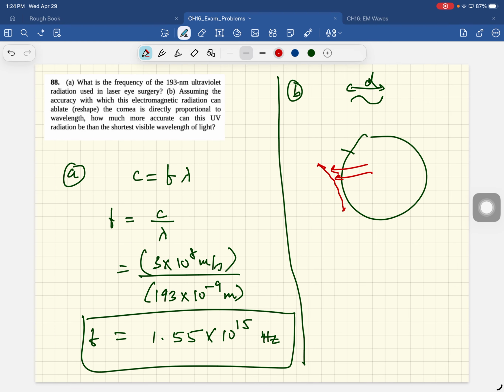Your cornea is what's responsible for 75% of the bending of light. Okay, and so by reshaping the cornea, you can make sure that the image is focused on the retina. Anyway, so you want to burn off as small spots as possible, and that's why they're using this UV radiation, whose wavelength is as small as possible.